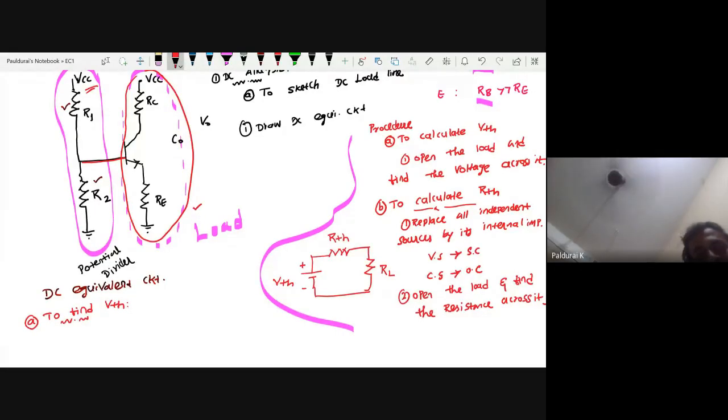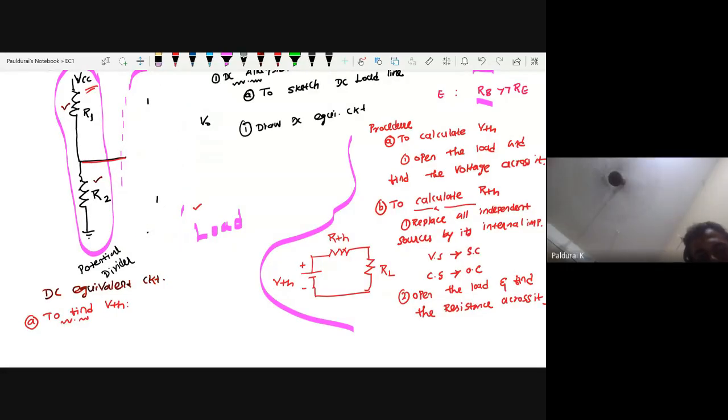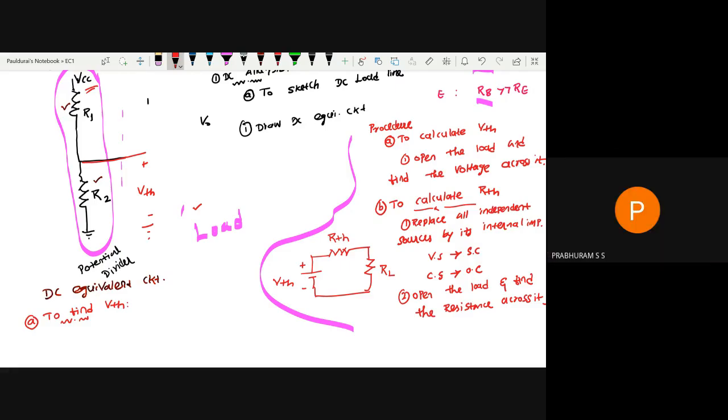So I'm opening the load, and find the voltage across it with respect to ground. So now this is my VTH. What is VTH?